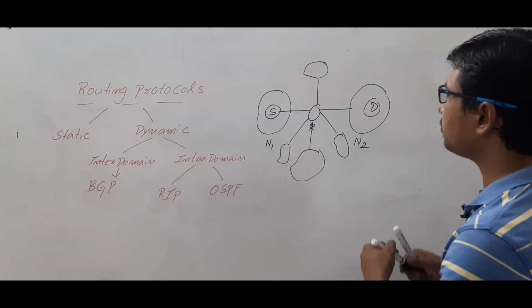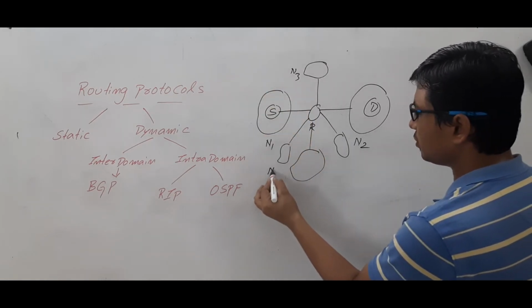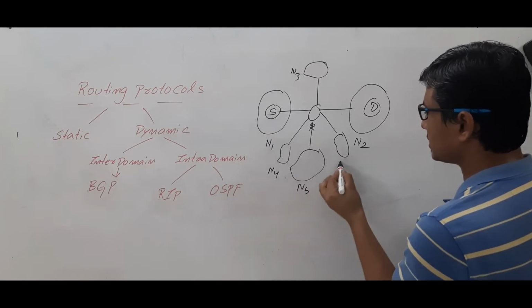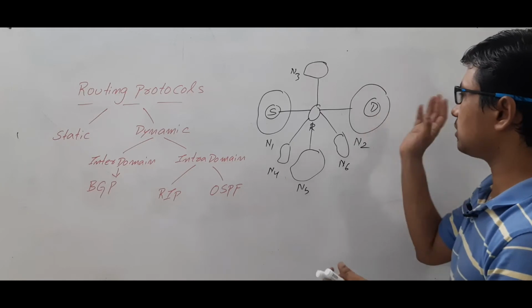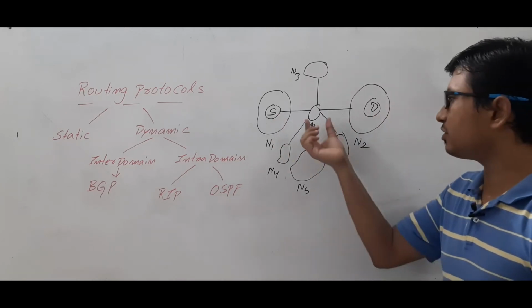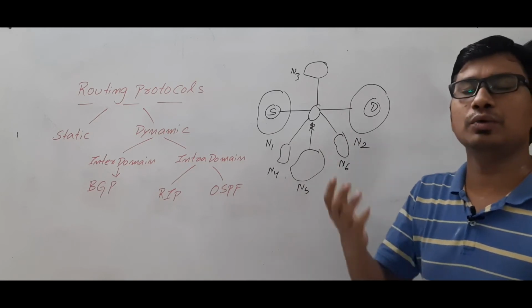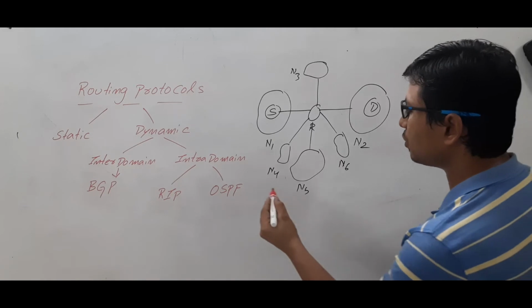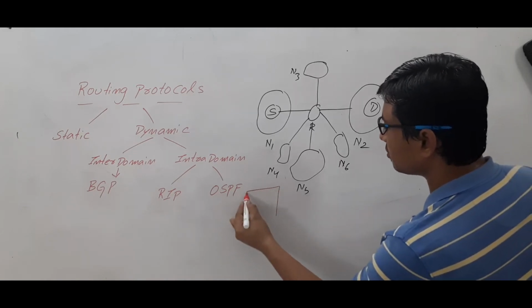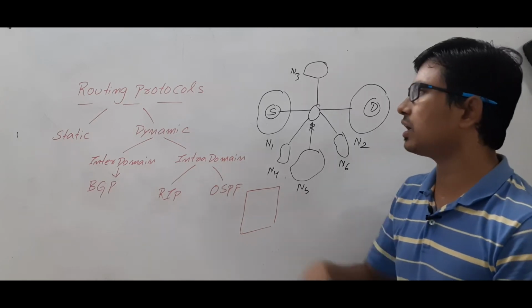Okay. So now if you have these many networks, let's take that N3, N4, N5, N6 are there. Now, if you have a destination network, the source has to identify the optimal path to traverse it. Then who will help? The router will help. How will it do that? It will construct a routing table. Each router will construct a routing table during the routing algorithm phase.